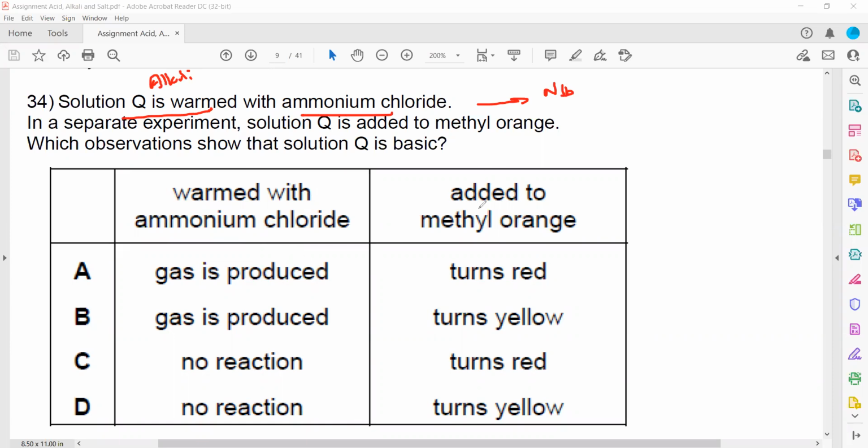When we add methyl orange, in acidic condition it will be red, but in alkaline or basic condition it will be yellow. So what is the appearance? The methyl orange will be yellow because it's alkali, and the gas which is produced is ammonia gas.